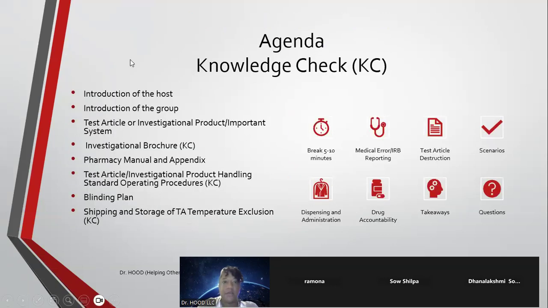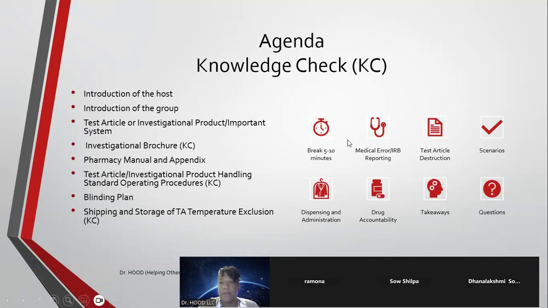On our agenda, we're going to do an introduction of the host and an introduction of the group, and these are our topics. We're going to go over the test article and investigational product and important systems that are typically used. We're going to go over the investigator brochure, pharmacy manual and appendix, test article and investigational product handling standard operating procedures, blinded plan, the shipping and storage of TA, test article, and temperature excursion.